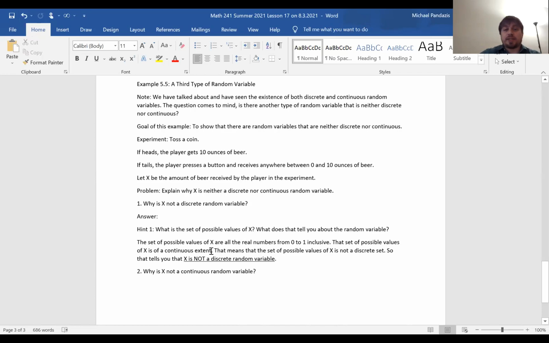We've shown it's not discrete. Now we want to show it's not continuous. So Kishan, do you want to say why it's not continuous? Or do you have a question? No, I want to. The answer is because P(X = 10) is equal to 0, so that's why it's not.